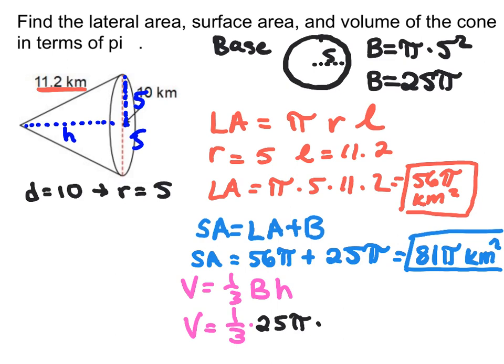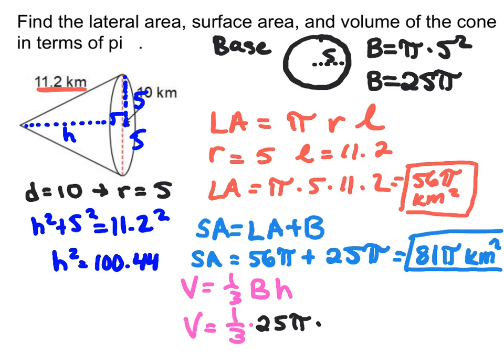So if I use the Pythagorean theorem, because it's a right triangle, h squared plus 5 squared equals 11.2 squared, you get h squared is 100.44, and when you take the square root to solve, you get h equals 10.02.